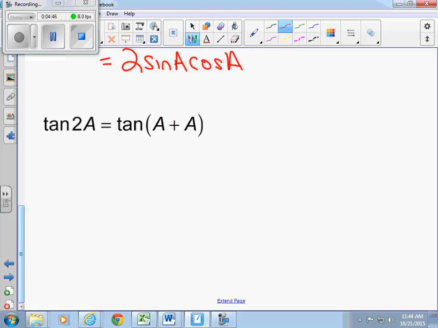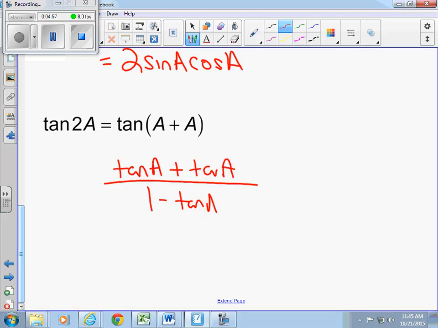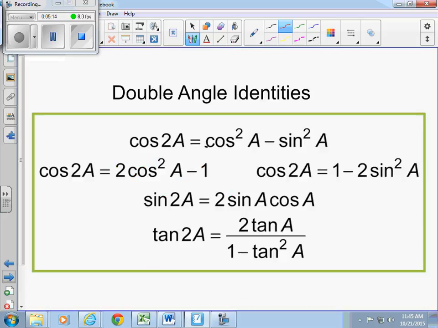Okay, tangent of 2a. Tangent of a plus a. Tangent of a plus tangent of a over 1 minus tangent of a times tangent of a. So on top you get 2 tangent of a. So these are the 3 double angle identities. There they are.